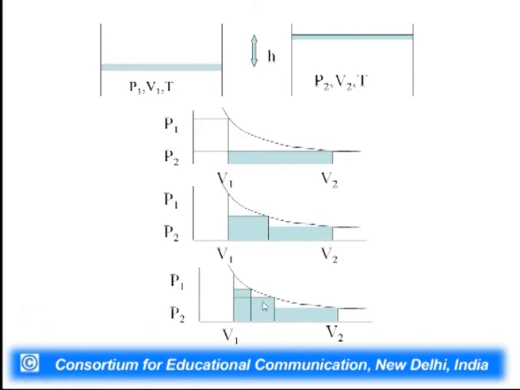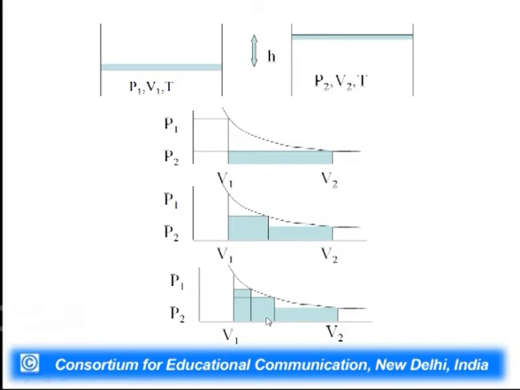Similarly, I can do that in 3 steps, going from V1 to V1 dash to V2 dash and then to V2. For the first step this area will give you work, for the second step this area, and for the third step this area. Now you can see that compared to the first and second, you have more area.